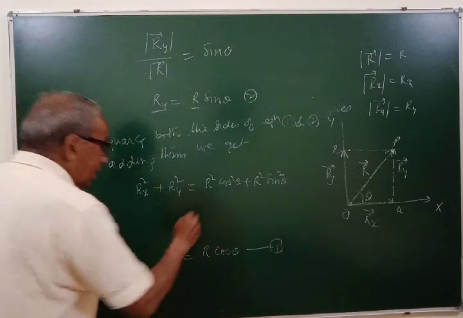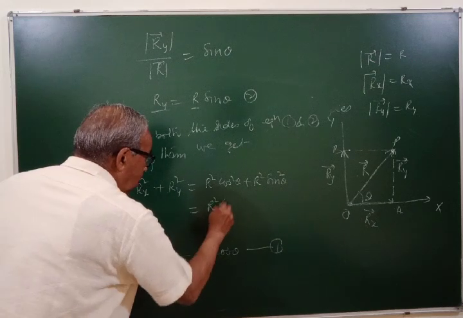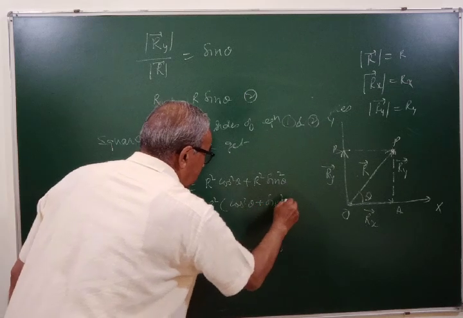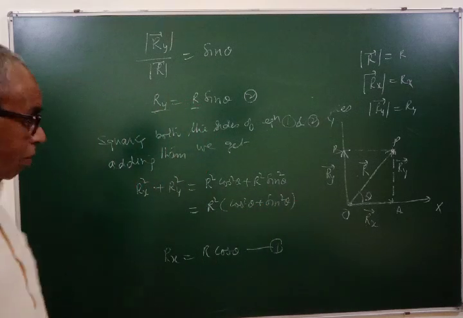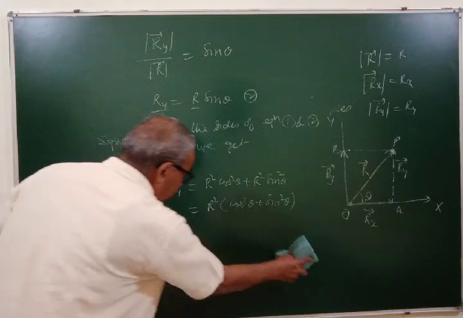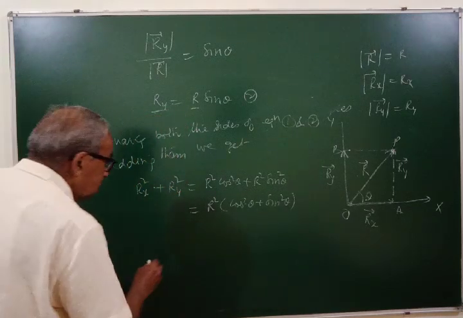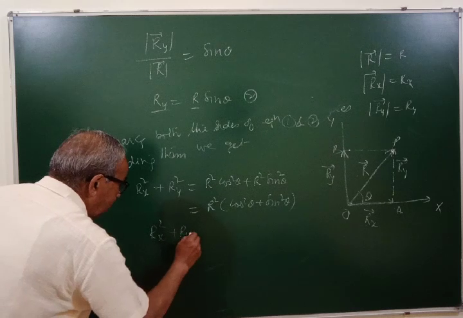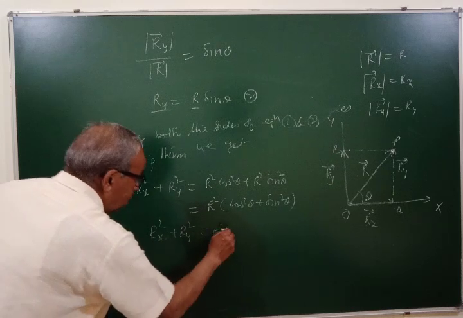Or simply it is equal to R square common, cos square theta plus sin square theta. Sin square theta plus cos square theta is equal to 1. And hence Rx square plus Ry square is equal to R square.